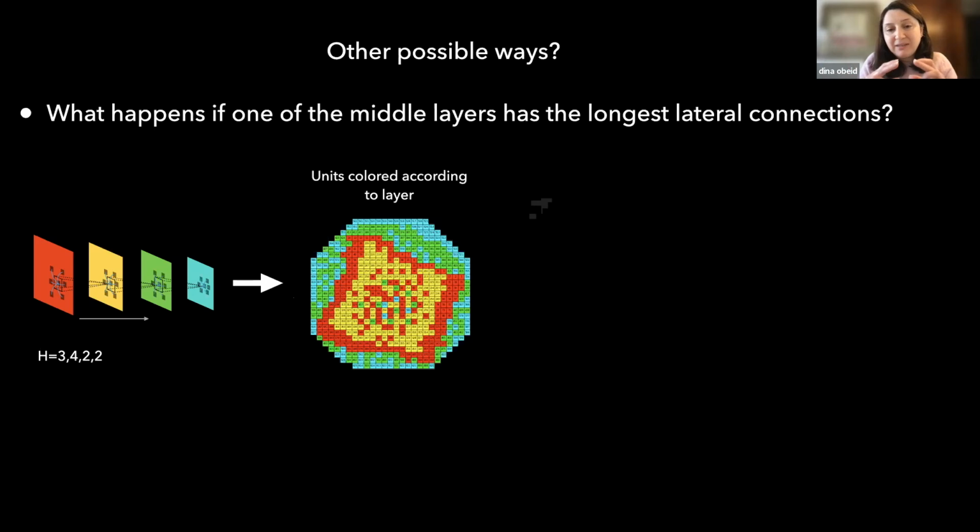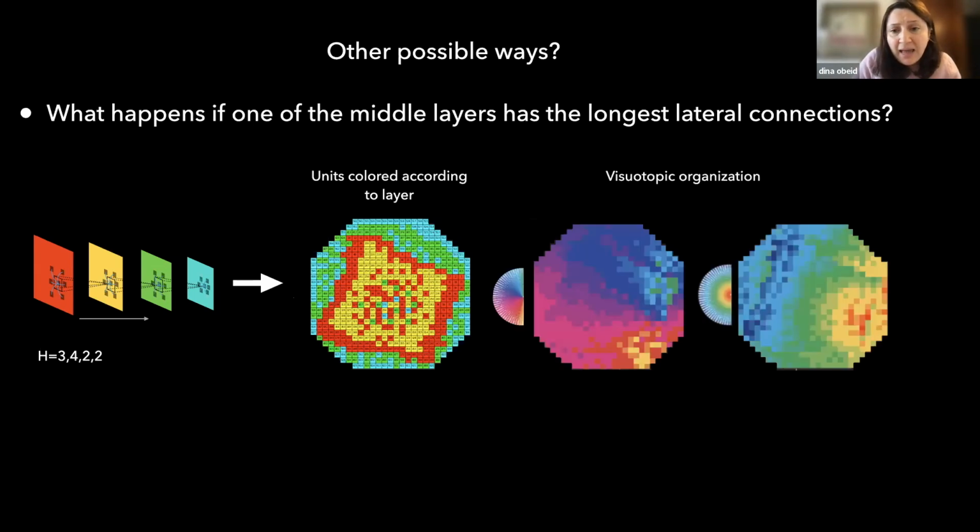There is a lot of cost if I take those yellow units and put them on a ring, because units which may be at the middle and at the quarter or half of that layer are connected together. But when I place them in a ring-shaped organization, there is a cost for them. I'm placing them away from each other. So they're also going to try to come to the center and get close to each other. And when I look at the visuotopic organization, again, I see the signature of multiple visual maps emerging.